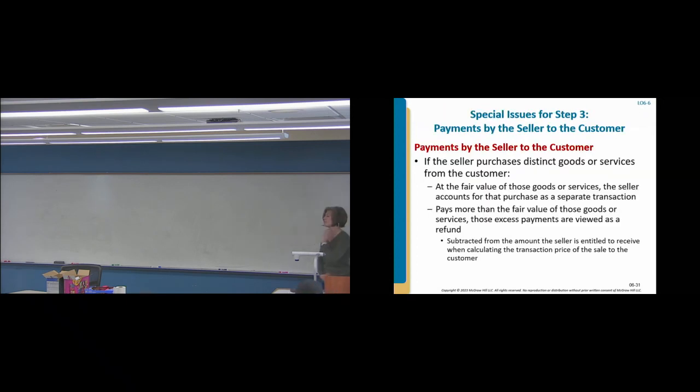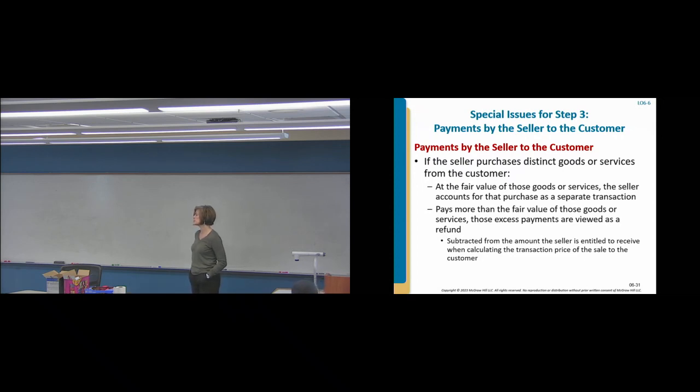Well, this one's pretty straightforward too. So another special issue, because there's lots of things that could make you think outside of the simple recording of revenues that we talked about at the beginning of the chapter. So, payments by the seller to the customer. If the seller purchases distinct goods or services from the customer at the fair value of those goods and services, the seller accounts for that purchase as a separate transaction.